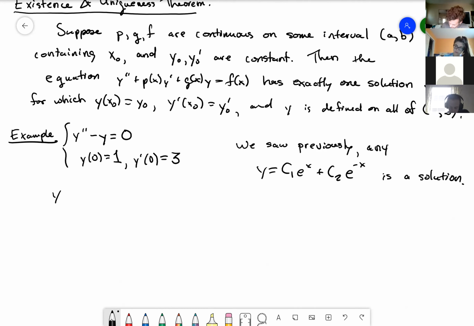So y of 0, we plug that in, we get c1 times e to the 0 plus c2 times e to the 0, and we get c1 plus c2 equal to 1. We take the derivative. This is c1 e to the x minus c2 e to the minus x.